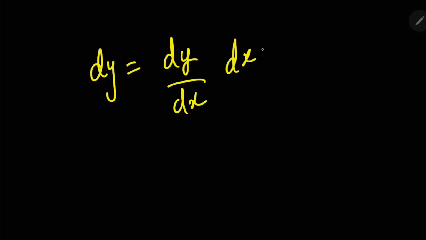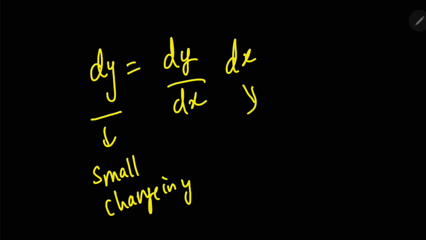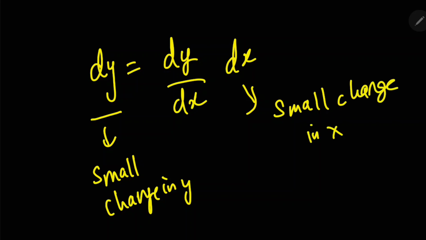Now, since we're talking about the rate of change, how the thing is changing, what about that small change that is happening because of that rate of change? If I write it like this, what is this? It means a small change in y, and here it means a small change in x.